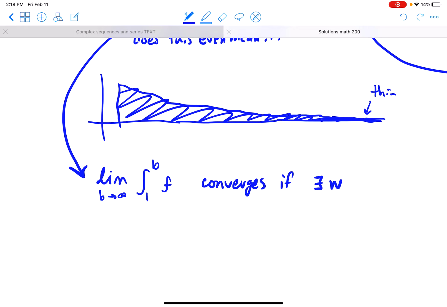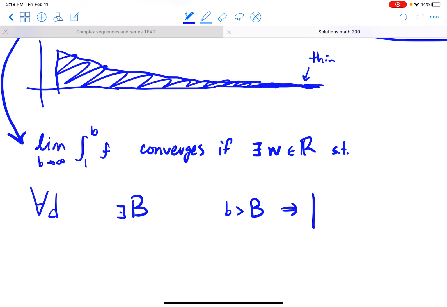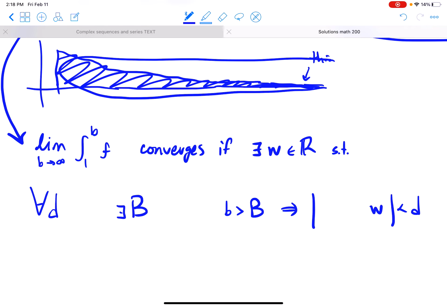We've been using w for the limit, although it was usually a complex number, but now we're thinking it's a real number. If there exists a real number w such that for all d there exists a capital B such that when b is big enough, if we put b far enough out, that implies that we are within d of this limit, this number, this area.